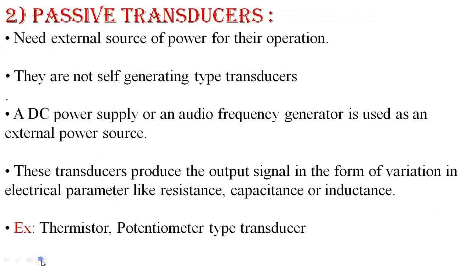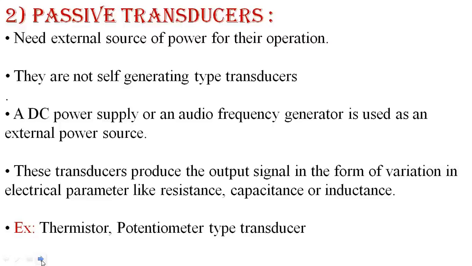The second type of sensor is the passive sensor. It needs an external source of power for its operation. These are passive components, so they require an external power source for operation. They are not self-generating type transducers. Here a DC power supply or audio frequency generator is used as the external power supply.